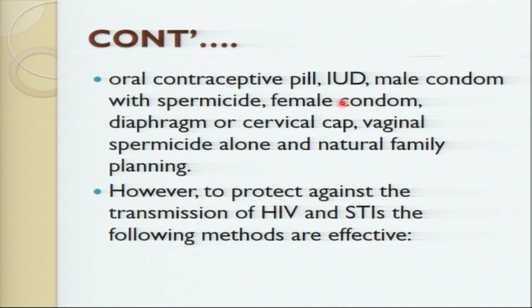You also remember we talked about natural family planning methods, which include withdrawal of the penis before ejaculation. We also talked about breastfeeding for a long period of time, which can be used to prevent unwanted pregnancies. However, to protect against the transmission of HIV/AIDS and STIs, the following methods are effective.